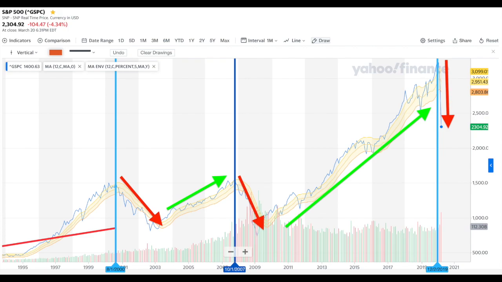Now, don't necessarily extrapolate this, but it's very interesting to see that these downs seem to be very quick. Maybe that's in part due to algorithmic trading. We don't really know, in terms of how the algorithms might correct or not correct.